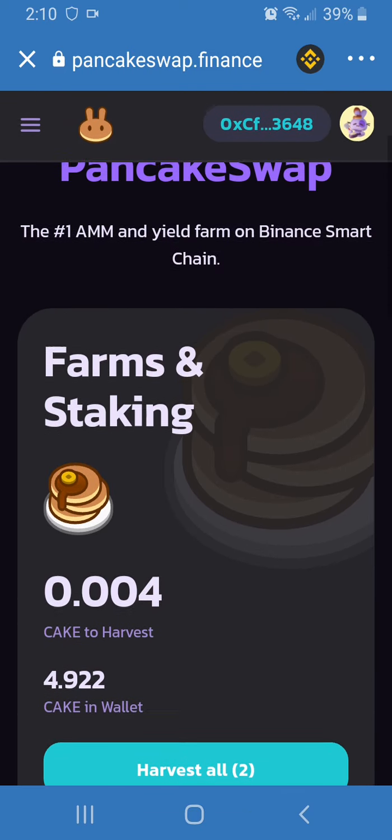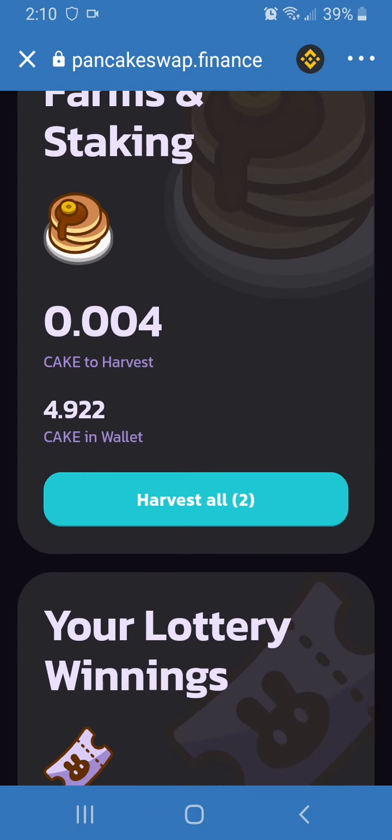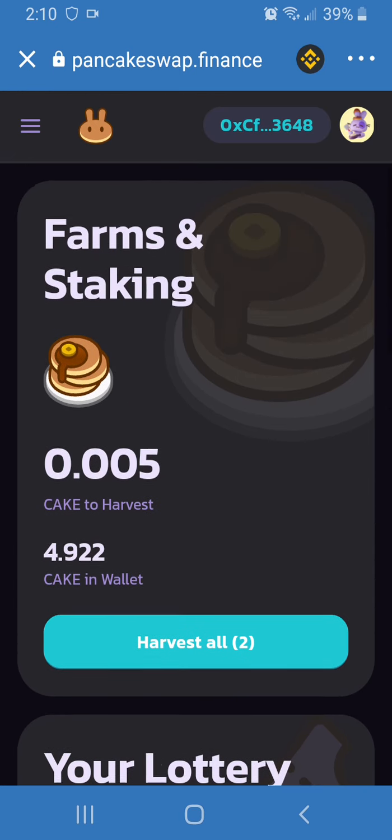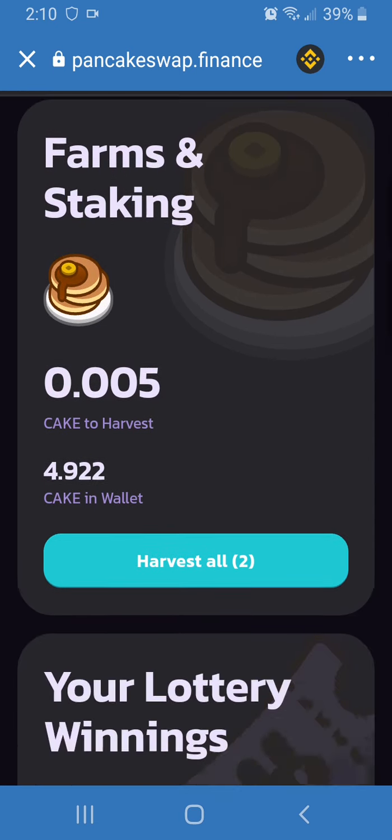So the main page, I have Harvest All 2 there, and that's because I have one harvesting I would get from my syrup pool, staking to collect cake as it's created on the blockchain. And I have my LP tokens that I first traded my pair for tokens and then moved them over to the farm to be staked on the farm.